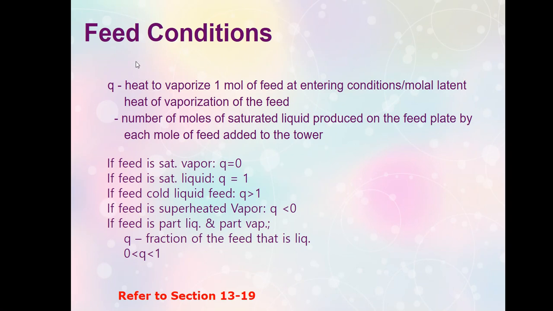And speaking of the feed location, based on this feed condition, your feed actually is in the stripping section. And that was only mentioned in McCabe. Now you have here specific values of Q for special conditions of the feed. If your feed is saturated vapor, your Q value is 0.